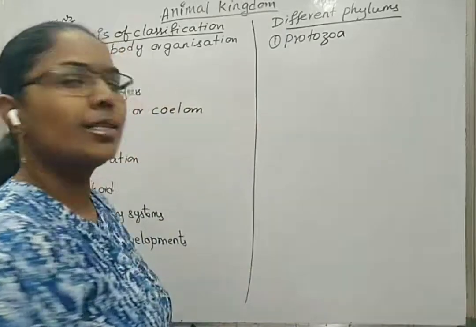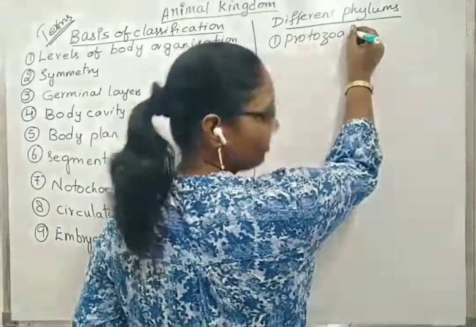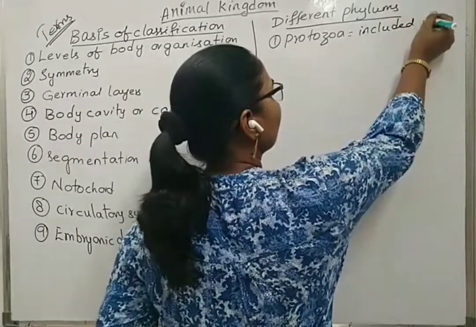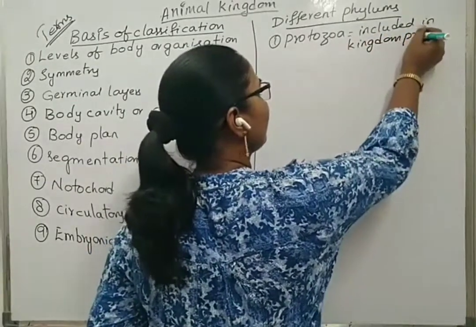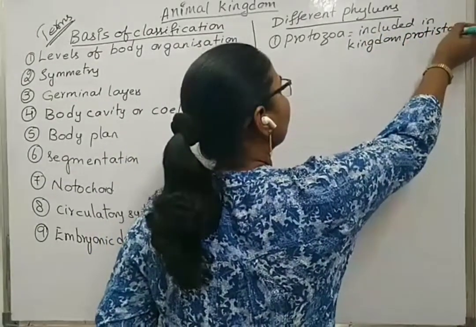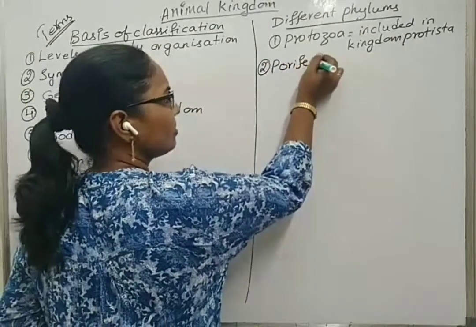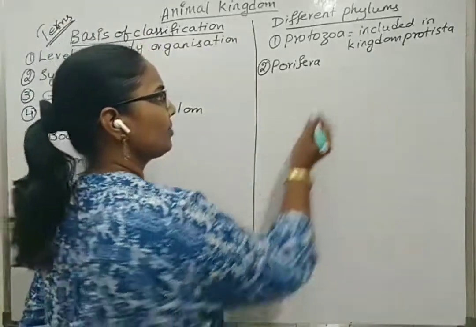Protozoa is considered as one of the categories of Protista. It is included in kingdom Protista. Second one, Porifera. Porifera is studied under kingdom Animalia.